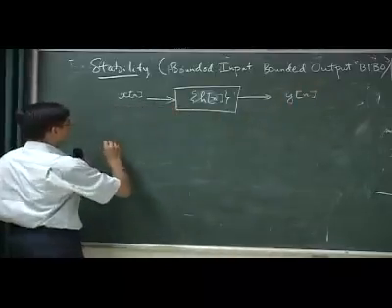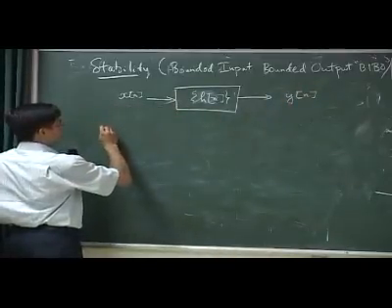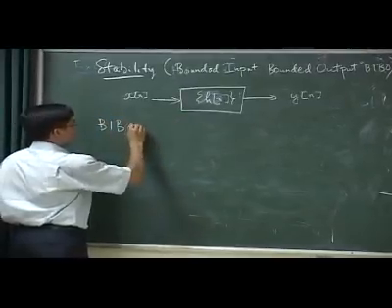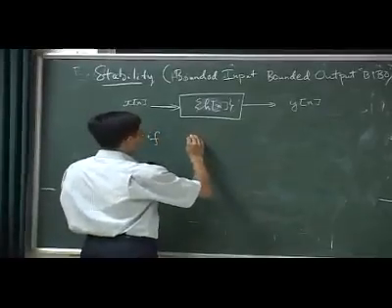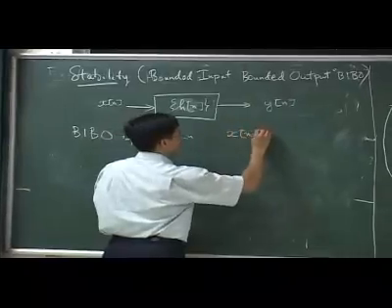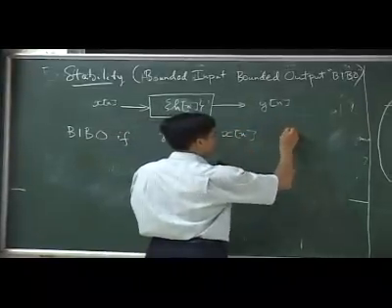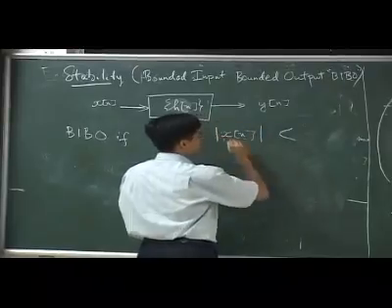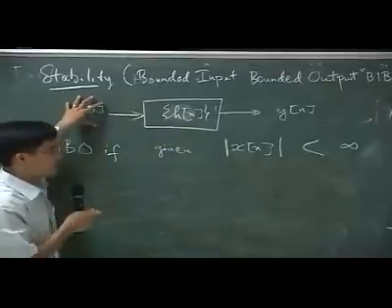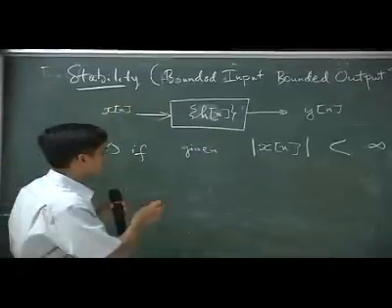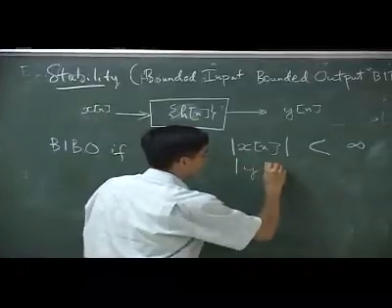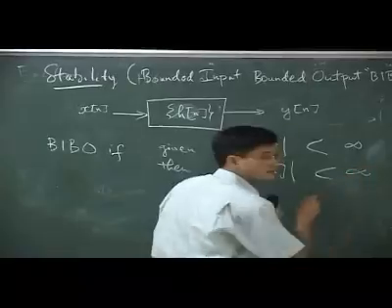So, maybe more formally, this one here is BIBO if, given that the magnitude of x[n] is less than some bound, so all of these numbers are finite, something is bounded, then the output is also finite.